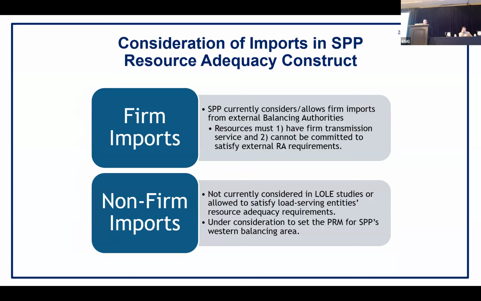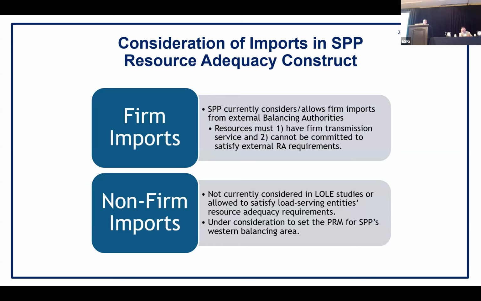So today, we do consider imports within our resource adequacy construct if they are firm. If the resource lies outside of the balancing authority, but it has firm transmission service and it's not committed to satisfy any resource adequacy requirements in the other balancing authority, an entity can count that import against their workbook, or it would be considered there.